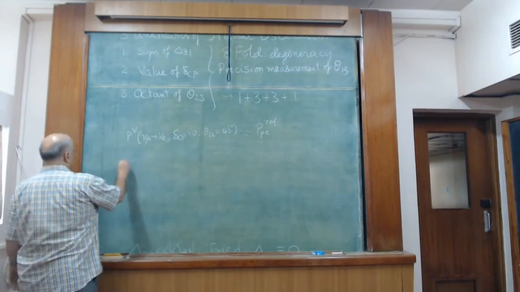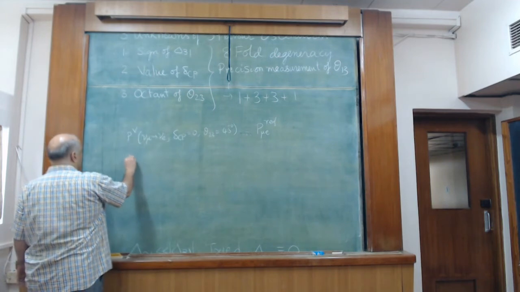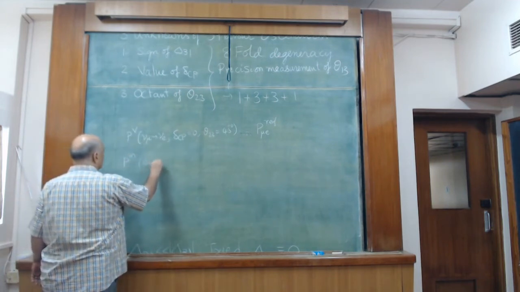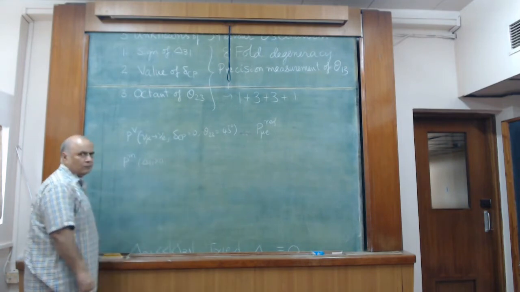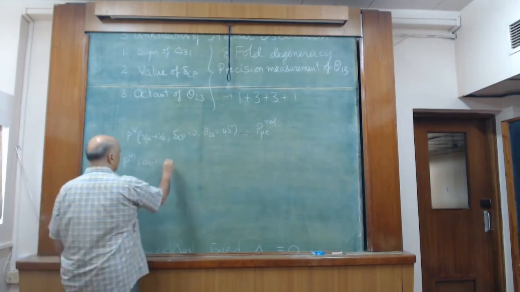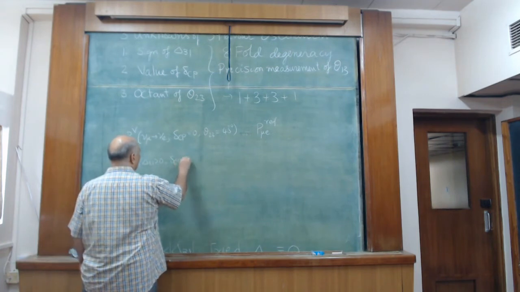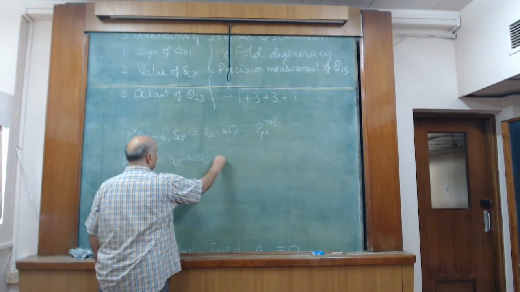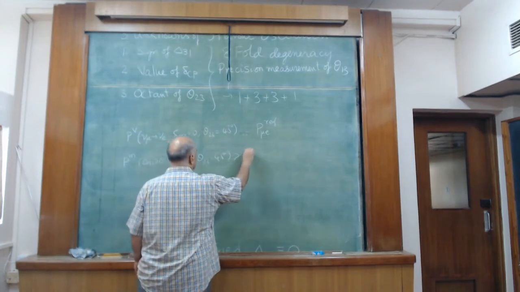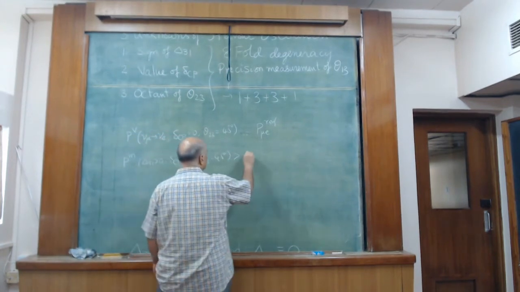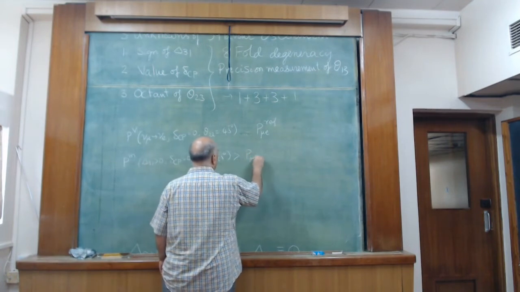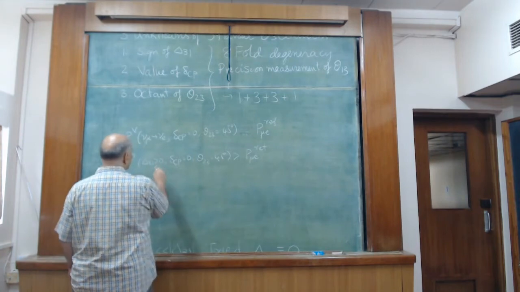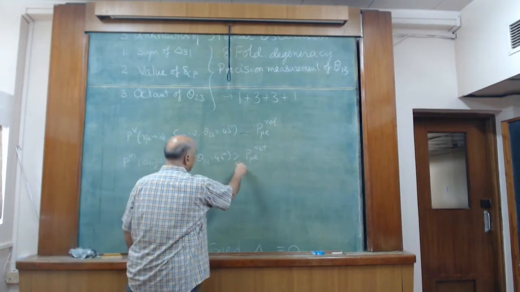Now you see that P matter with delta 31 positive, delta Cp equal to 0, theta 23 equal to 45, this is greater than this P mu e reference, whereas if this is negative, then it is less.